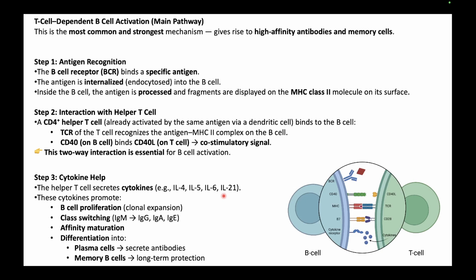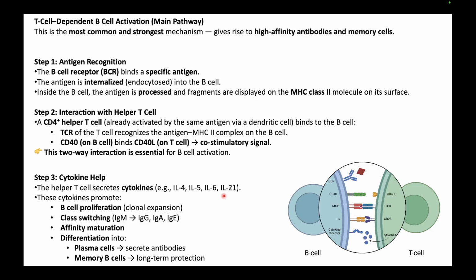Now the B cell is activated. The T cell is releasing some cytokines, and depending on what kind of cytokine is released, they activate the B cell for proliferation, that means clonal expansion, and class switching. The B cell receptor present on the surface is IgM.